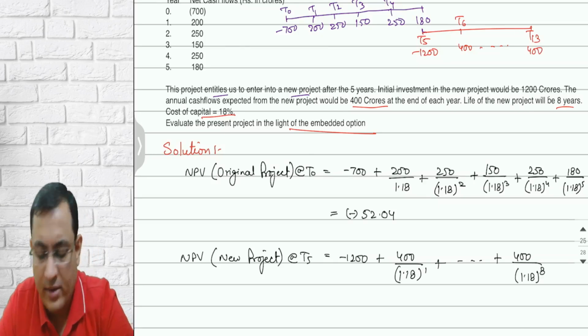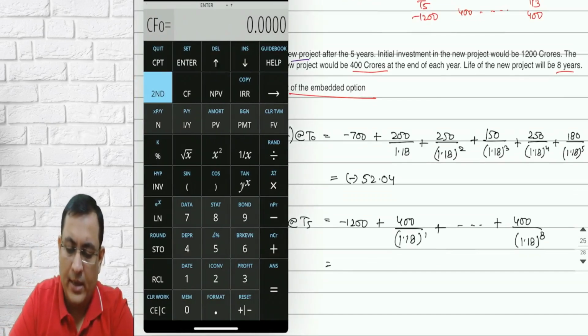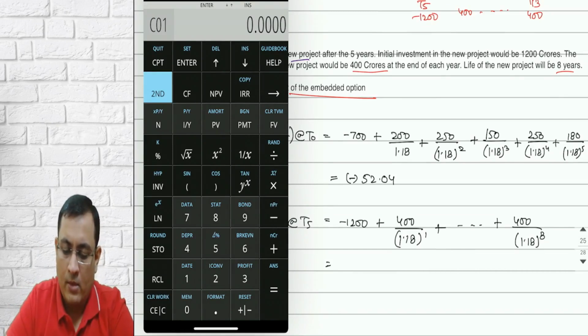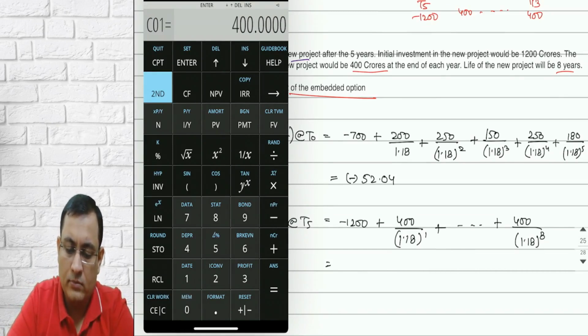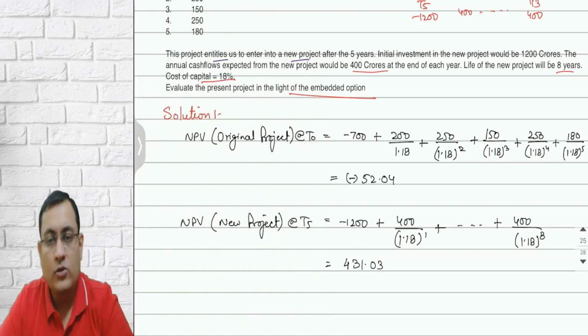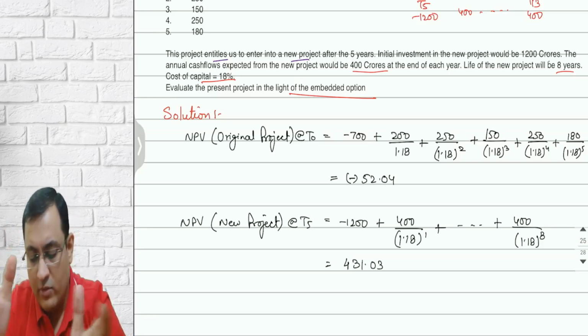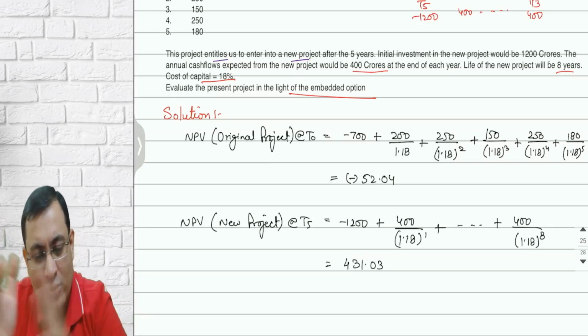It has a life of 8 years. Let's calculate the NPV in isolation. 1200 negative, 400 positive for 8 periods, 18 is the discounting rate, and we got an NPV of 431.03 crore.